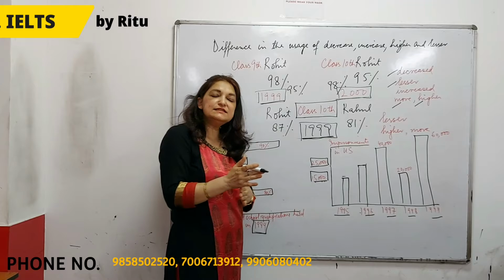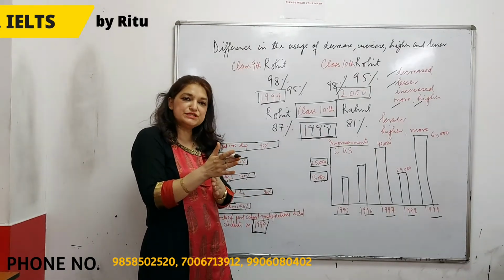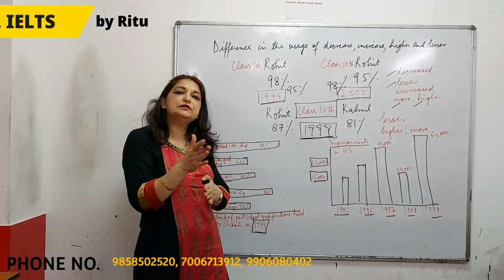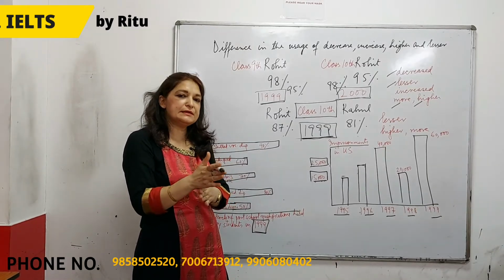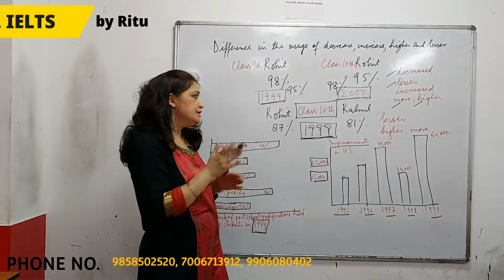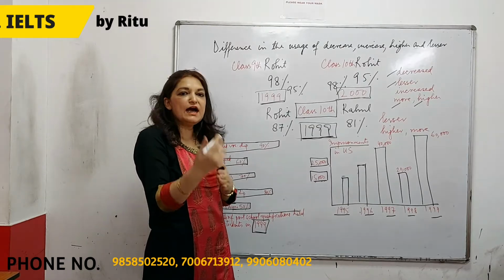But there are certain graphs, sometimes we are given some situations where the time is not changing, where the graph or the pie chart or table is talking about just 1 year, one particular year. So in those situations, how can we write our answers?